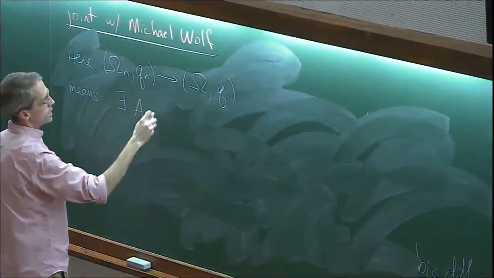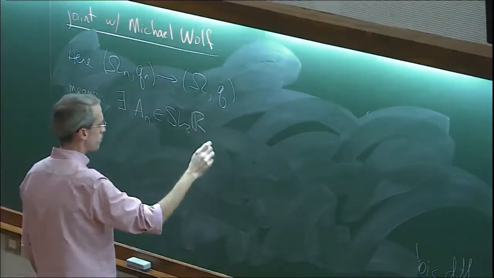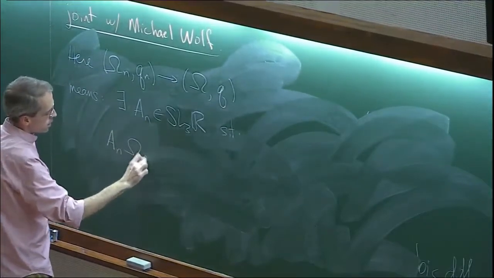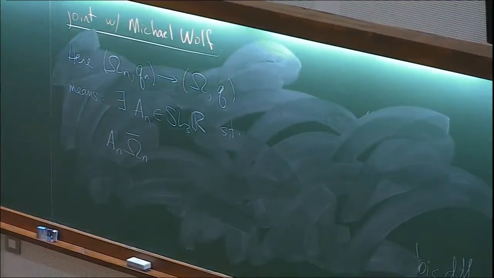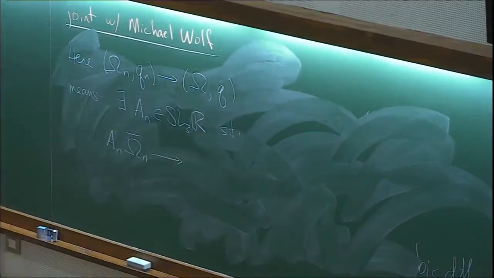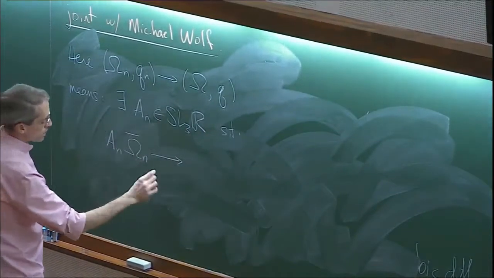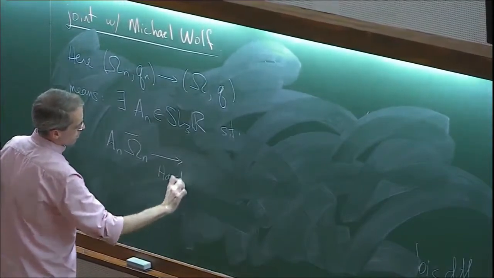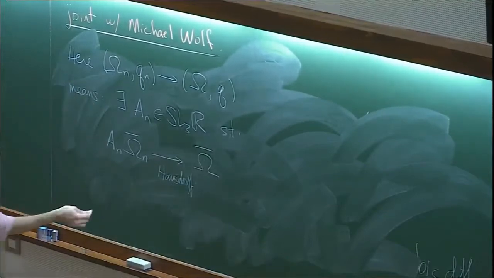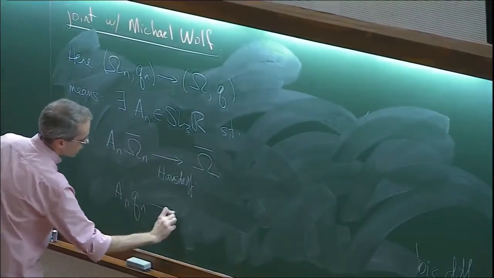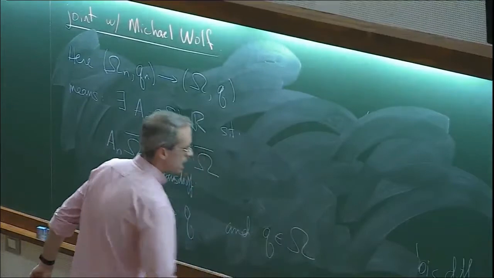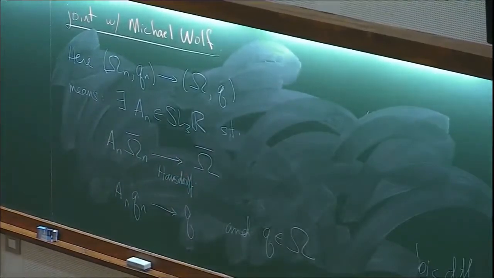So it means there exists a sequence An in SL3R such that if you look at the closures of omega n, those are closed subsets of the compact space RP2, the kind of thing that the Hausdorff topology applies to, then their images under these projective transformations An converge in the Hausdorff sense to the closure of omega, and An Qn converges to Q, and Q is actually an interior point of omega bar. It's not in the boundary.